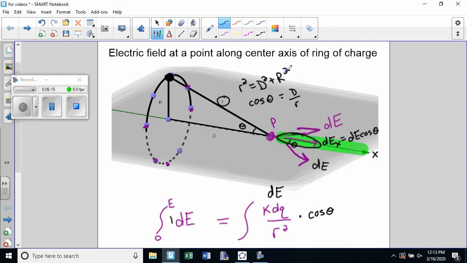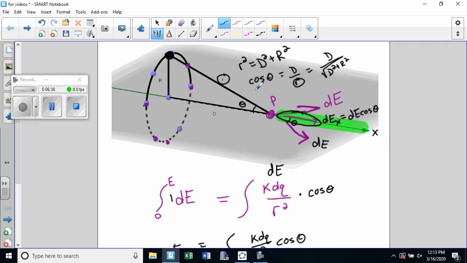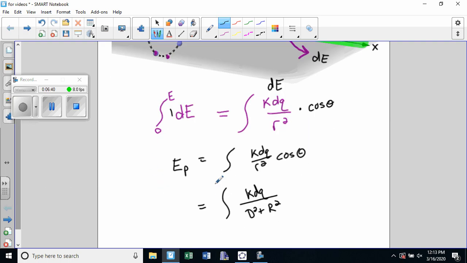Little r squared is d squared plus R squared. So I'd like to take care of that little r to simplify this integral, and that's going to be, well, if r squared is d squared plus R squared, then little r to the first would be the square root of d squared plus R squared. I'm going to go ahead and replace that. For cosine of theta, I'm going to put in d over the square root of d squared plus R squared.